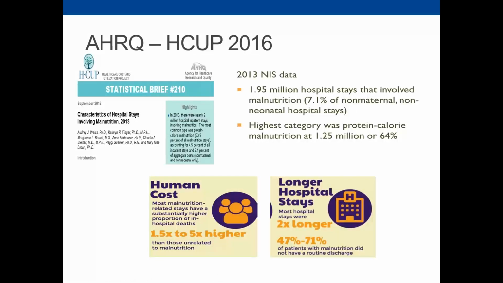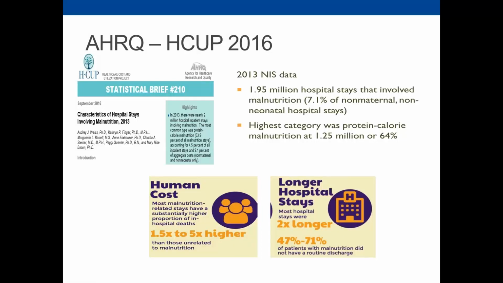This last data point that I'd like to share, or data analysis, was again looking at that AHRQ national inpatient sample. This was done with Aspen and AHRQ, and we looked at malnutrition patients discharged from hospitals with a diagnosis of malnutrition, and they compared those patients to those who did not have a malnutrition diagnosis.